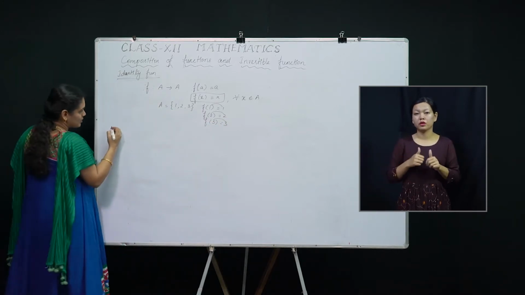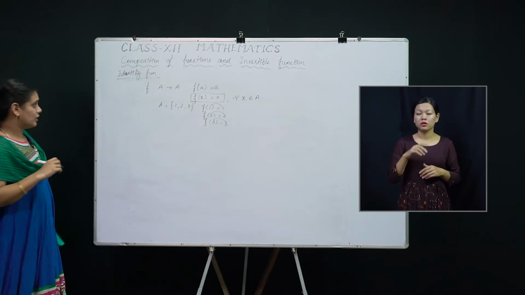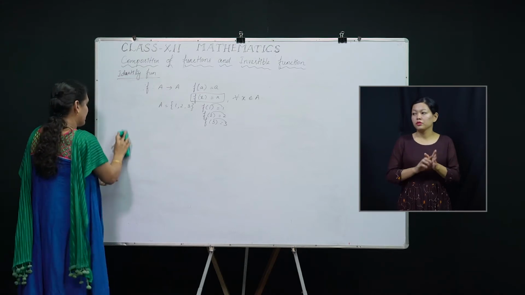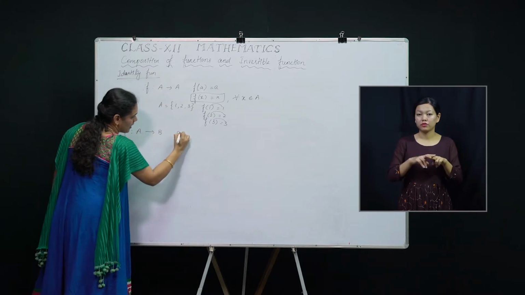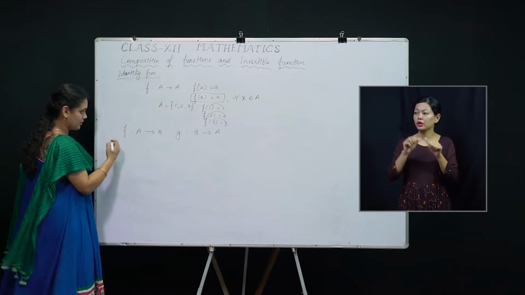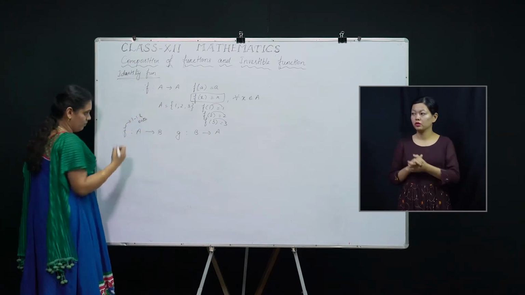Okay, the next one, if you take a one-to-one and onto function, let us define two functions f and g, where f is a function from A to B and g is a function from B to A, and f is one-to-one and onto. This is an important condition.